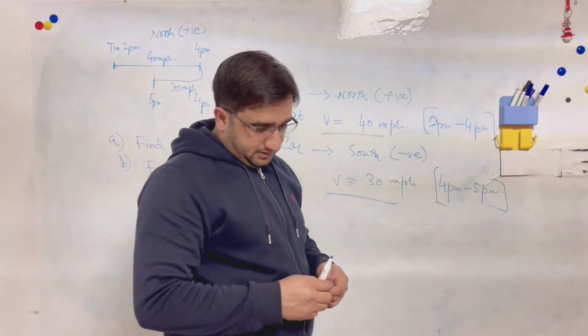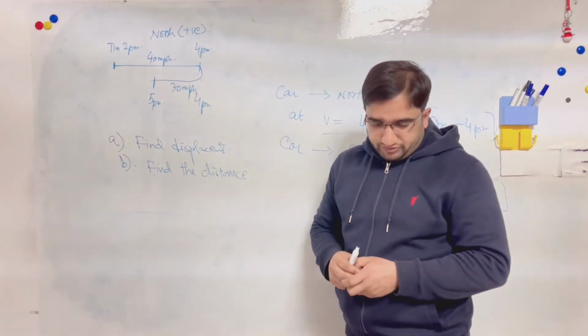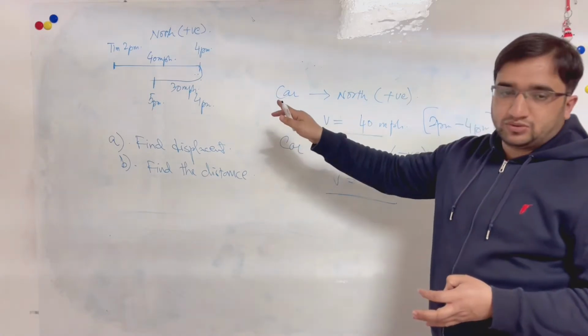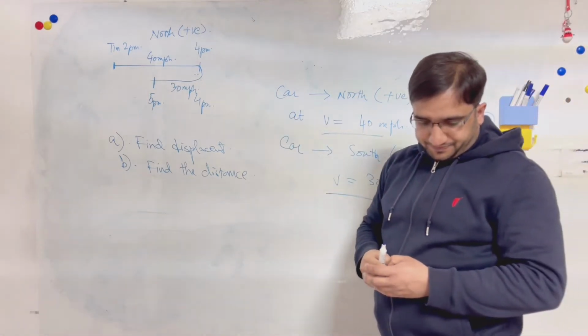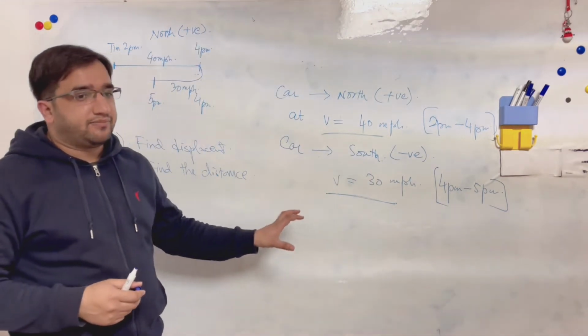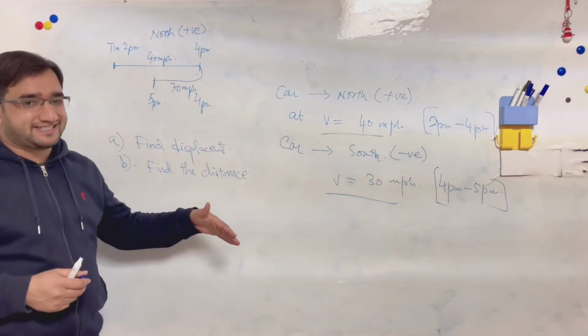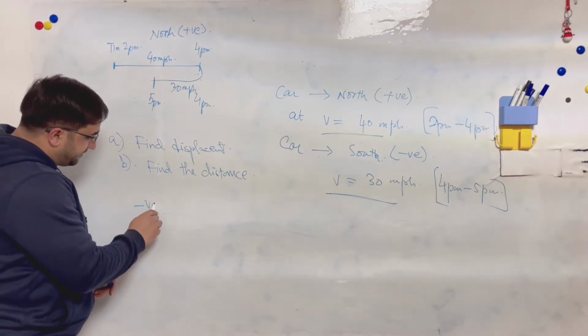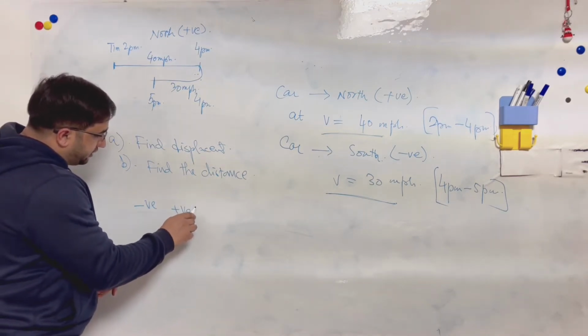When you find the displacement, you just need to add up the positive and negative, whatever the answer is. But when you find the total distance, it means you will consider whether it is negative or positive, and add them together.